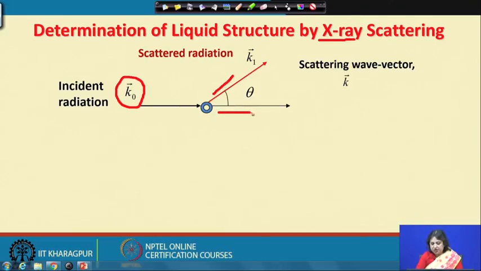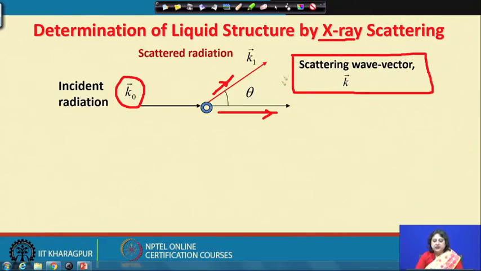Some of the radiation will proceed in the original direction of the incident radiation, but some of it will be scattered in different directions. Now, if I want to know in which direction the radiation has been scattered, I will use the concept of what is known as a scattering wave vector, which is given by the difference vector between k naught and k 1.